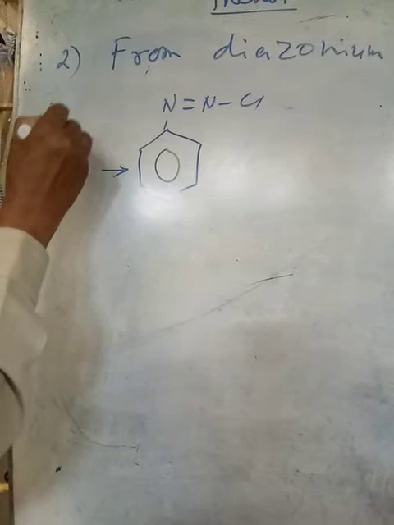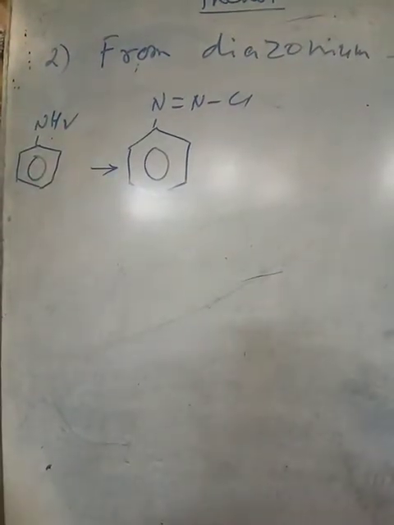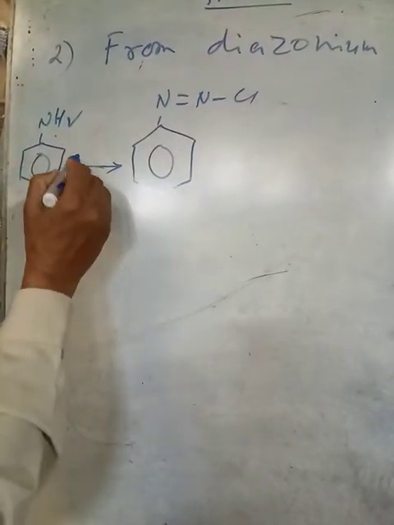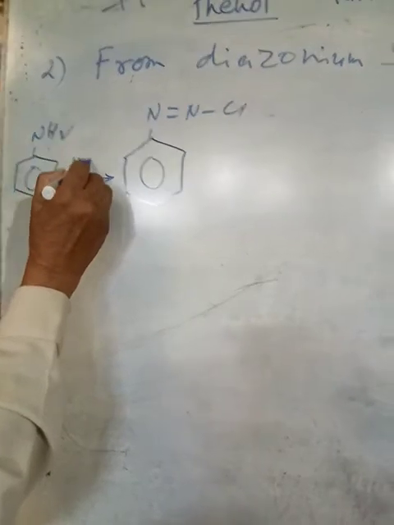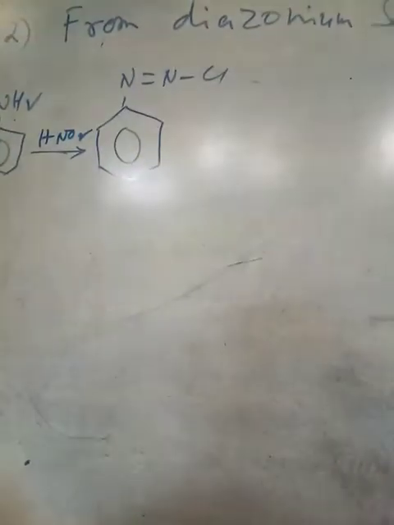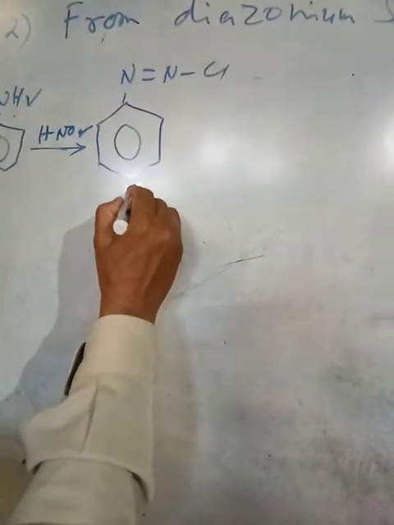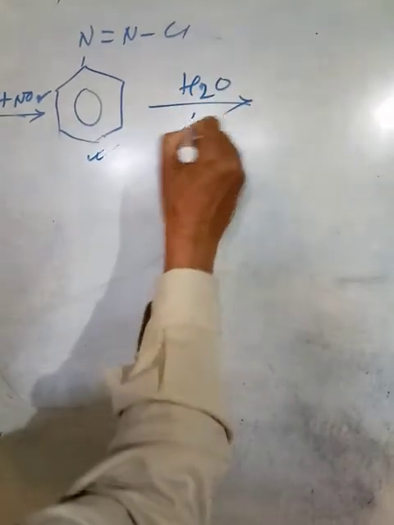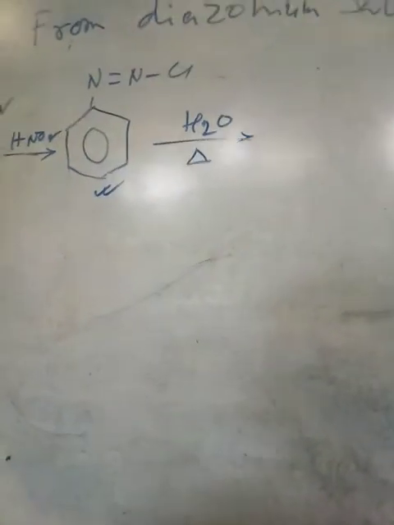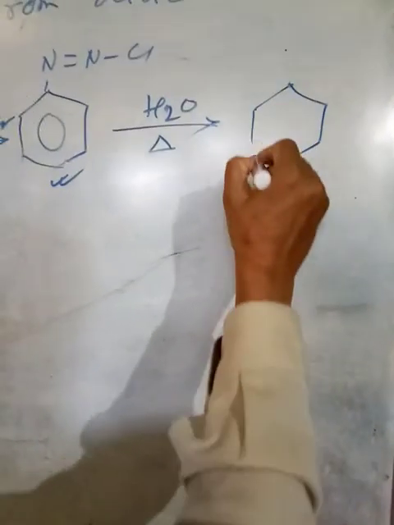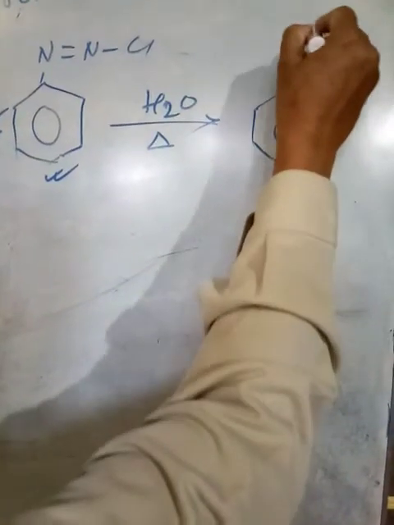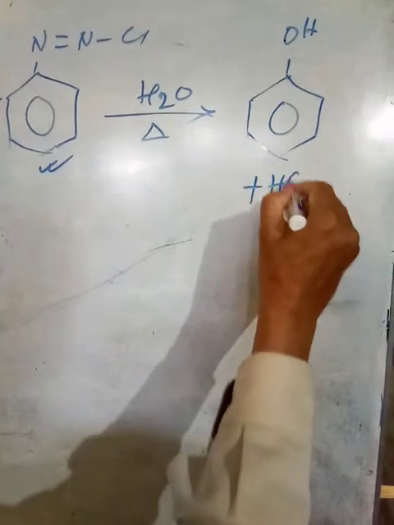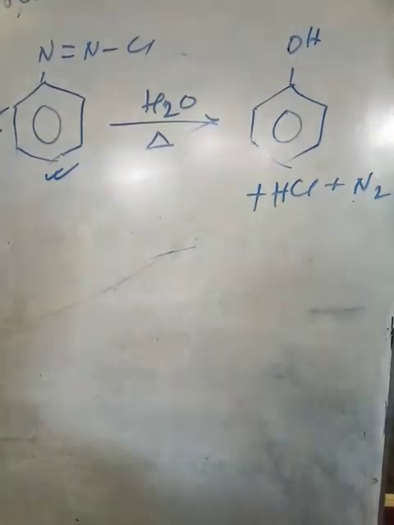When you read nitro compounds, you will find from aniline, if you treat with nitrous acid by diazo reaction, you will get diazonium chloride. This diazonium chloride, when boiled with water, that means on hydrolysis, it forms phenol plus HCl plus N2.